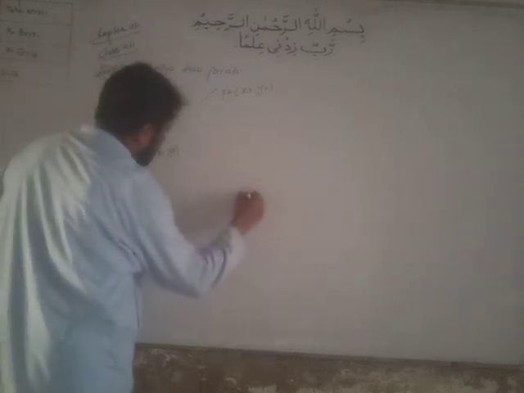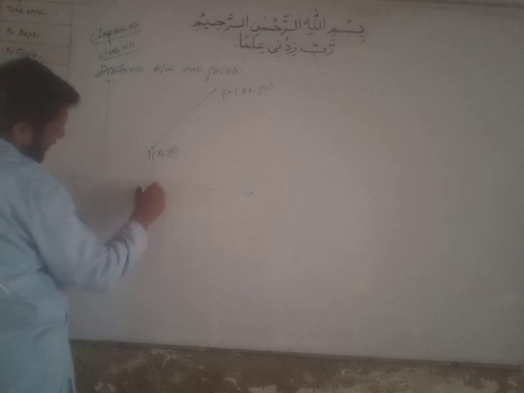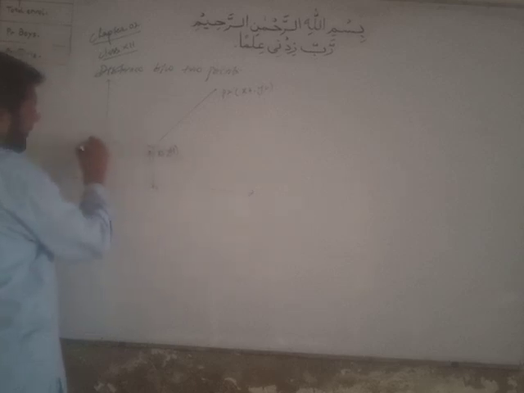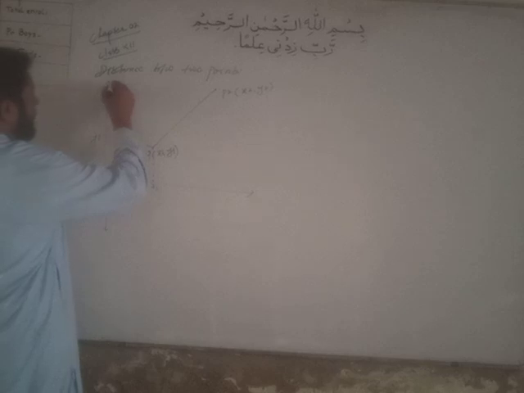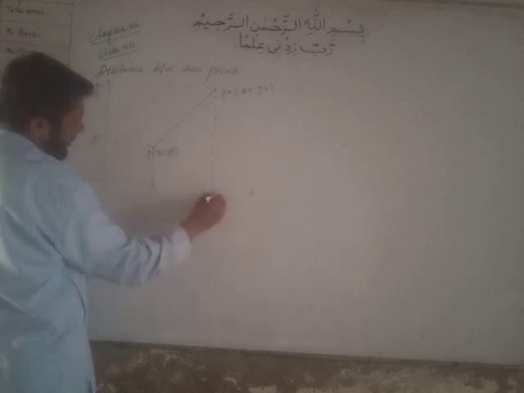Draw the Cartesian coordinate system. Here this is x1, here this is y1, here this is y2, and this is x2.